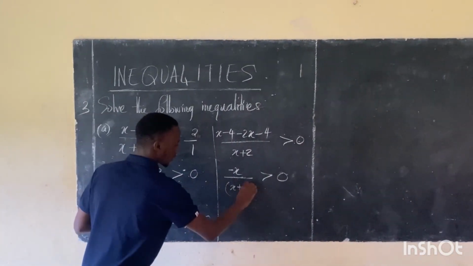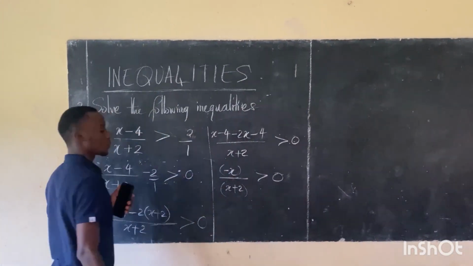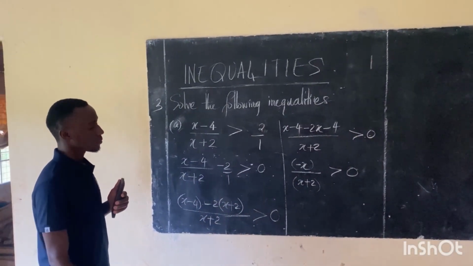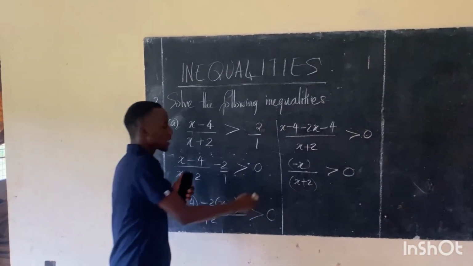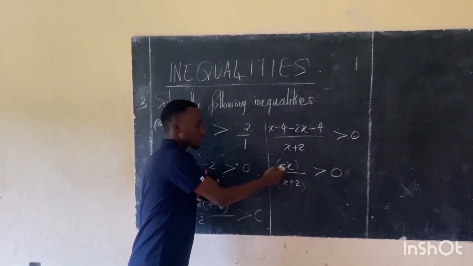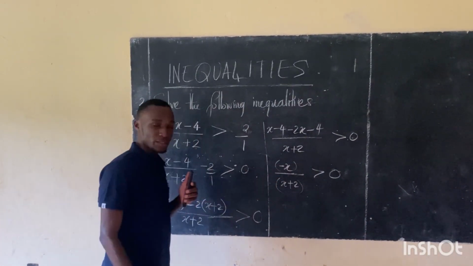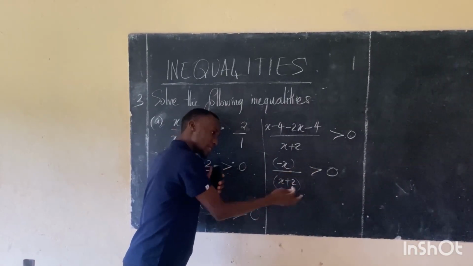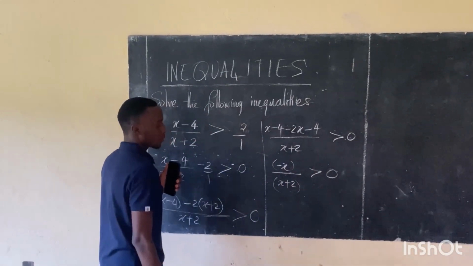So we shall use this for us to get the critical points. If you wish, you can divide through by a negative 1 to make this positive, but you will take note of what I said first, that the sign should change at the step of dividing.